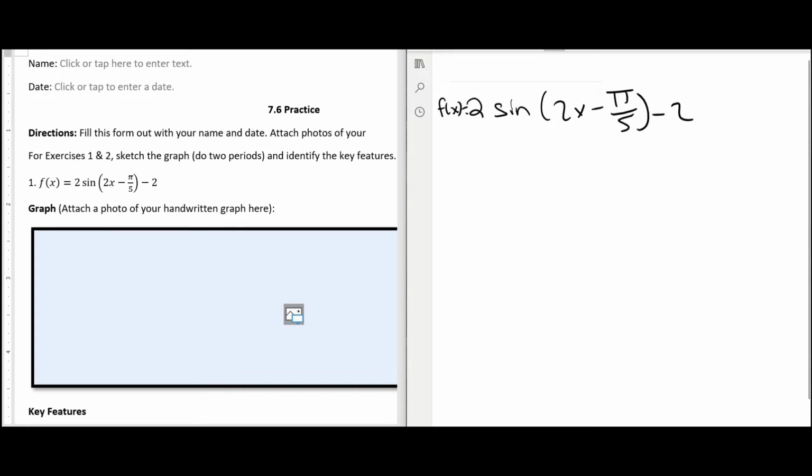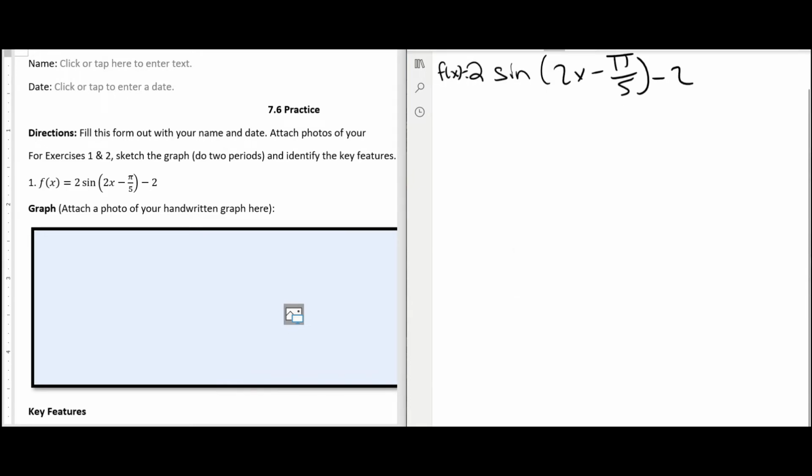Of course, you can use Desmos for this, or check your answer with Desmos, but I'm going to show you how to find all the key features and then use those key features to help us with the graph, okay? Because really that's what you want to be able to do, and you want to be able to explain how you came up with that graph, not in this assignment, but in the assessment assignment. So let's go ahead and identify all the main things here.